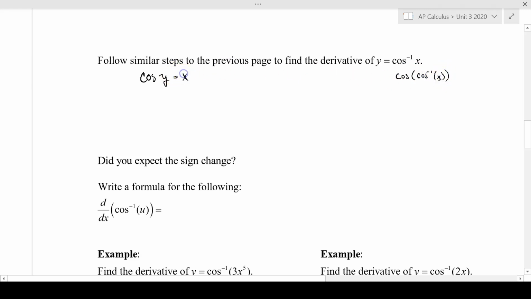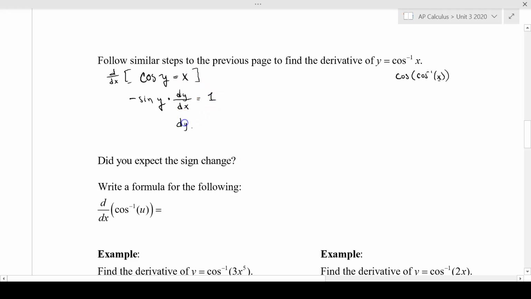Okay, so cosine y equals x. I'll take the derivative of both sides, d/dx of both sides. Well, that's going to be negative sine y, but remember I'm taking the derivative of this function of y, so I need to do a chain rule, dy/dx. And the derivative of x is just 1.